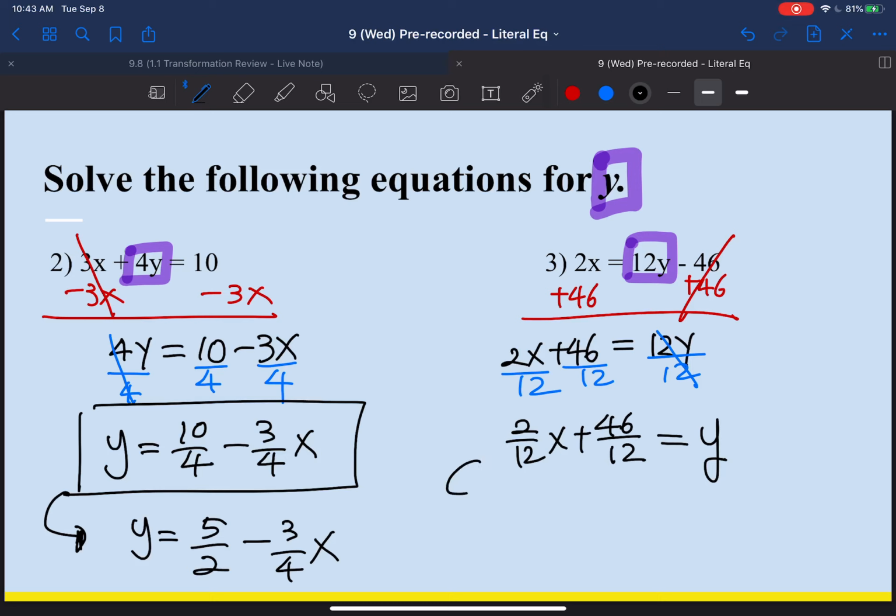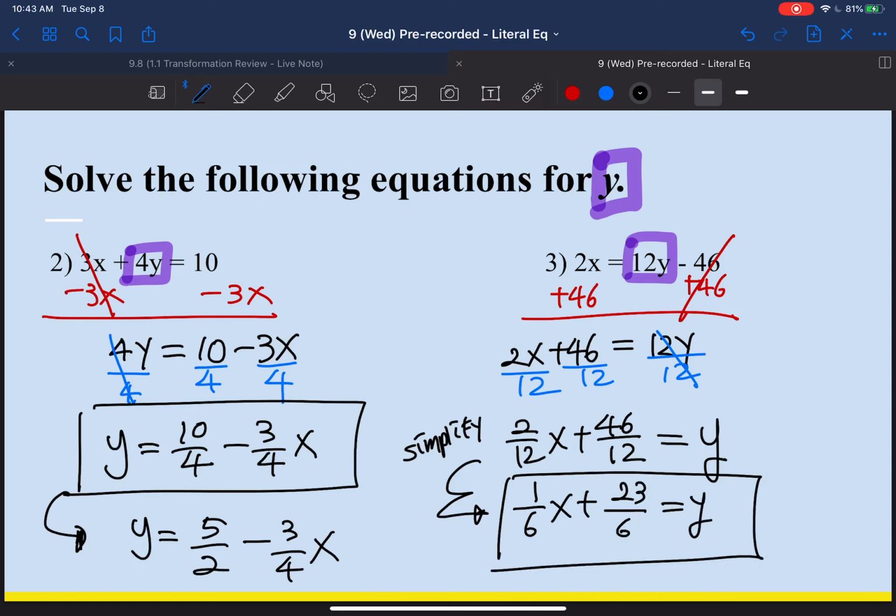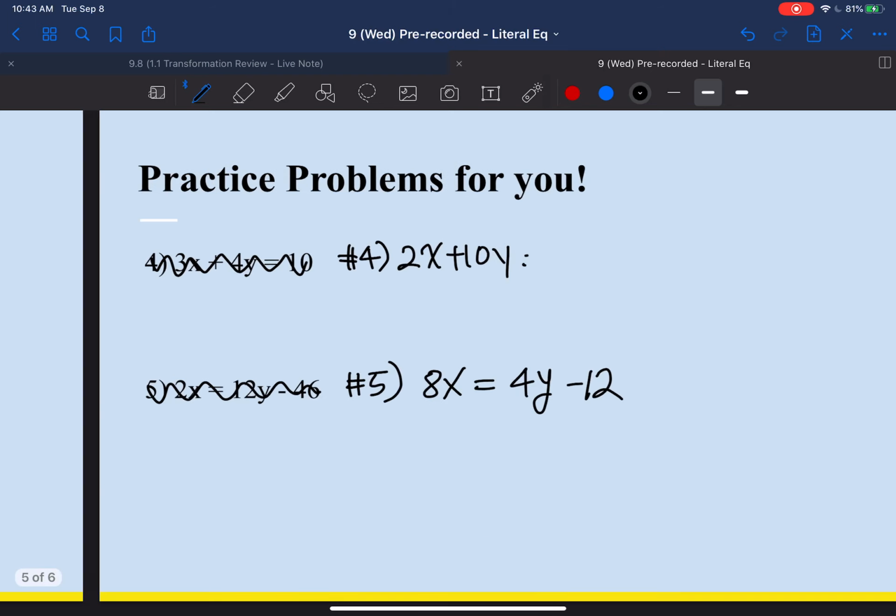If you want, you can simplify a little bit more. 2 over 12, you divide by 2, 1 over 6 x plus 23 over 6 equals y. That's your final answer. Even though y is on the right hand side, I solved for y. y is by itself. So this is an example of linear equations.